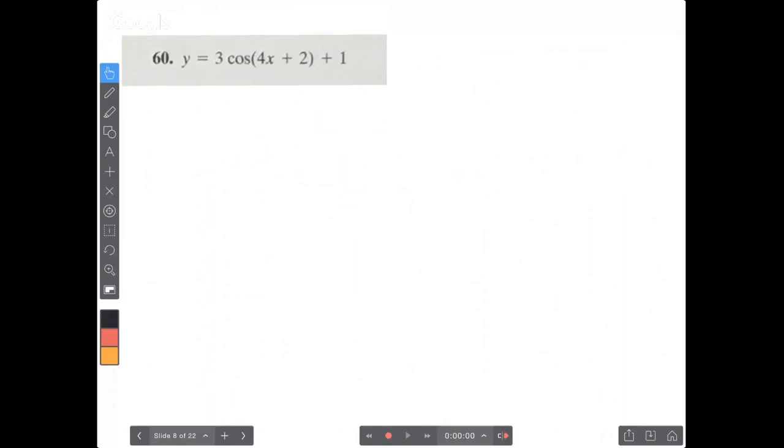Okay, 3 cosine of 4x plus 2 plus 1. So let's look at it. What do we know each of these things is going to do? Here, amplitude equals 3. Period is going to be 2 pi over 4, so pi over 2.